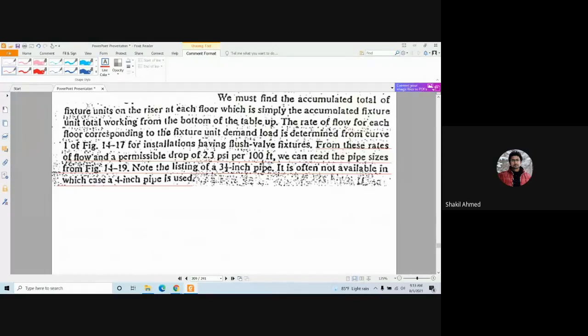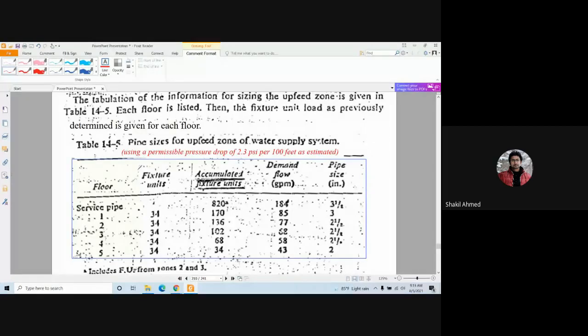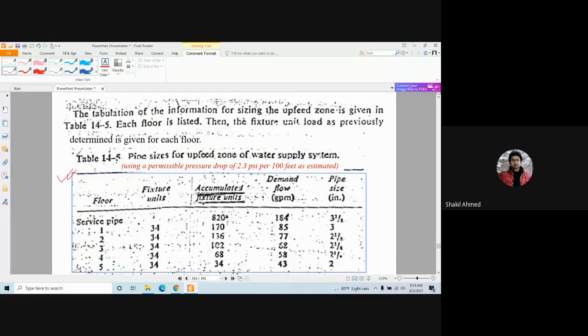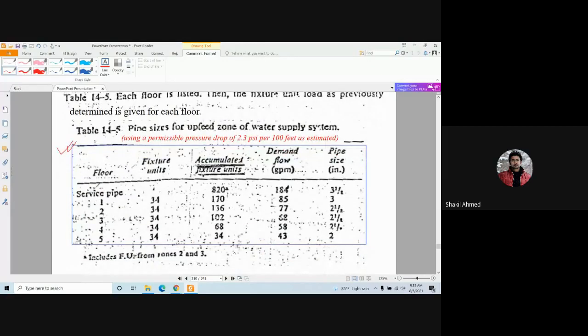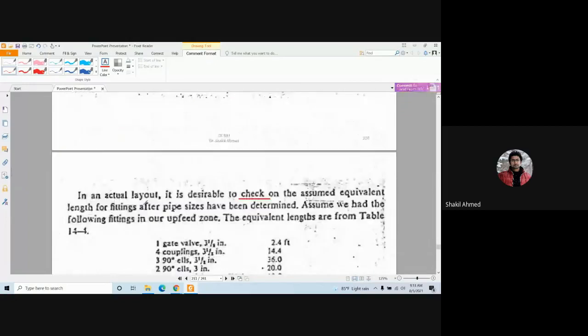Now, we can use figure 14.19 to calculate the pipe sizing. We need to make this table. Okay. So let's see. We are doing the upfeed zone. And in each floor, how many fixture units do you have?